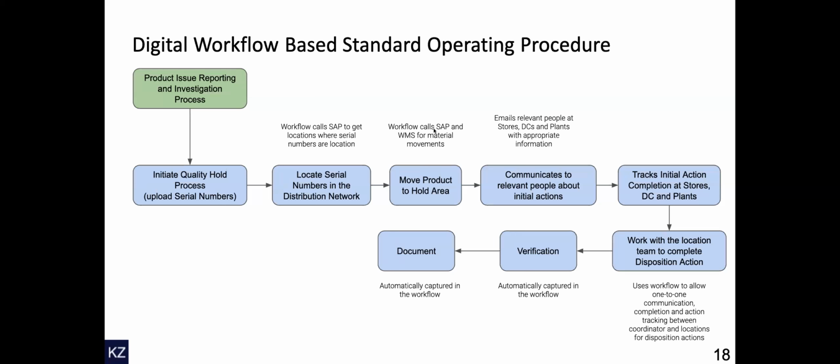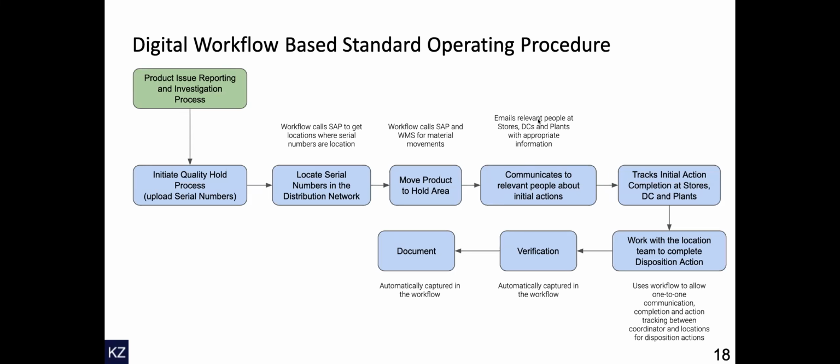That may involve SAP doing it, but also in some cases, if you have another WMS system, a warehouse management system, you may also have to give notes to or call the WMS system and say, hey, do this, move from one bin to another. Okay, so the workflow does both of those. And it finds out which are the plants and the stores and the DCs where these serial numbers are located.